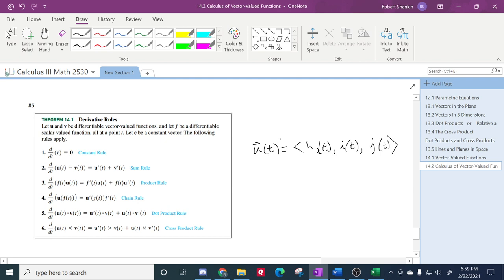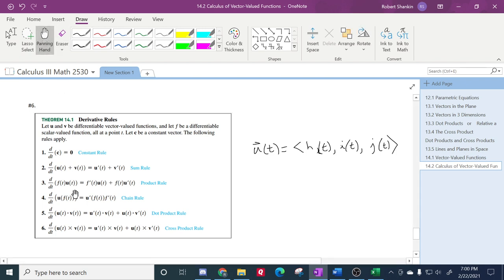And then you just do the f of t out in front and distribute it to each one and so on. And you could verify these rules. We actually don't see these rules come up very often in our problems, so we just kind of note that these are the rules.